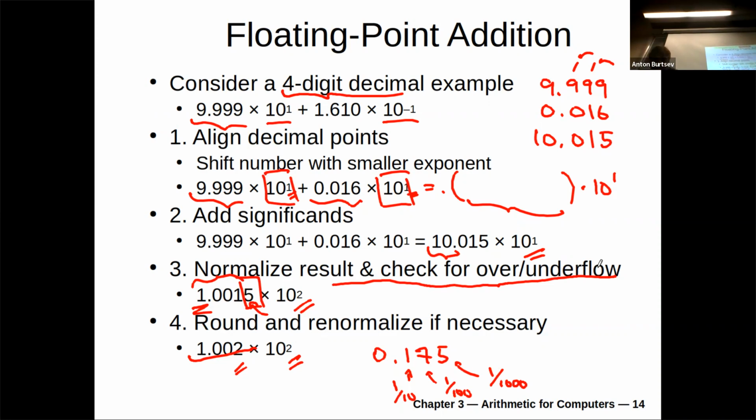And sometimes it can happen that the result of your rounding denormalizes your number, and then you have to normalize again, right? Imagine you had 9 here instead of 1, and maybe the number is something like 999, and then you're rounding, and you get something like this, so you have to normalize again. Okay, this is clear.